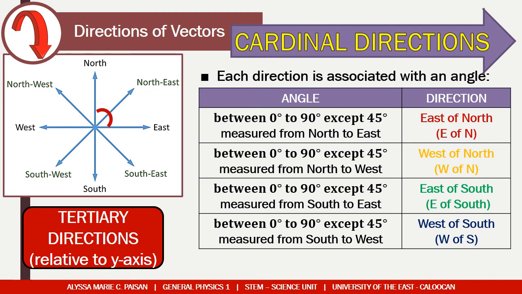Ang movement niya, galing siyang north tapos pumunta siyang east. And then, we also have west of north. So galing siyang north, pupunta siyang west. And then, we have east of south, which means that it started from the south going to the east. And then lastly, we have west of south that starts from the south going to the west. Okay?